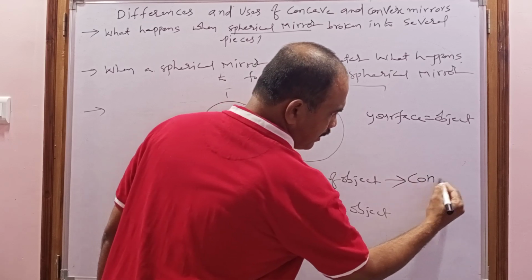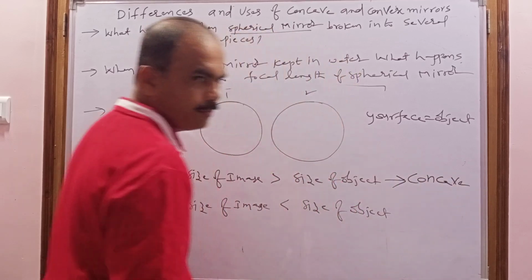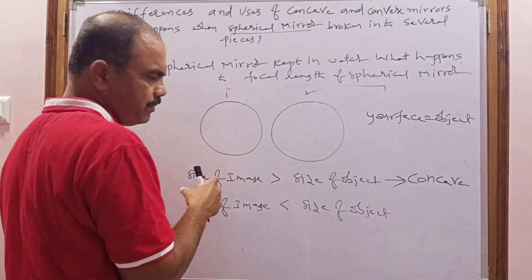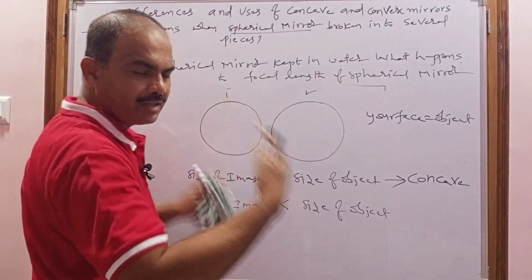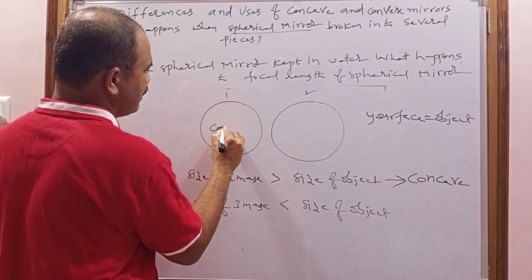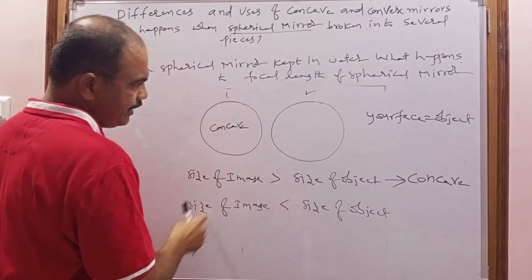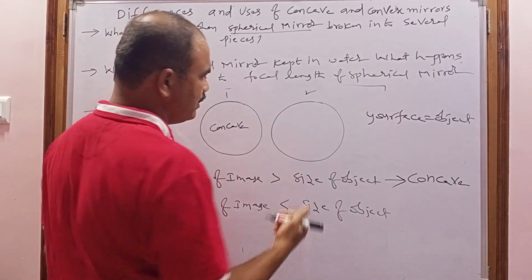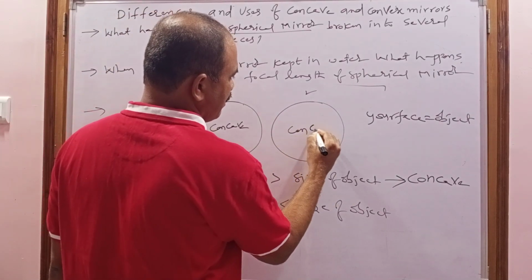That mirror will be concave. For example, in this first mirror, your face appears bigger than your actual face, so it becomes concave. And in the next one, the size of the image will be less than the size of your face, so that will be convex.